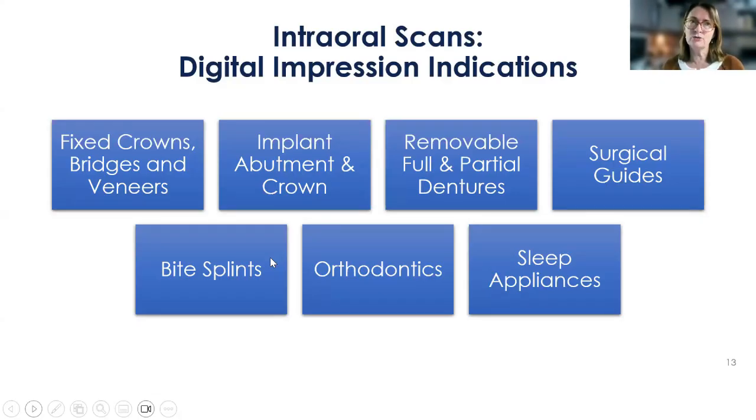But today, truly, we can take a digital impression, an intraoral scan for anything that you would take a PVS impression for, including surgical fields for all-on-X cases. I mean, it's really amazing.